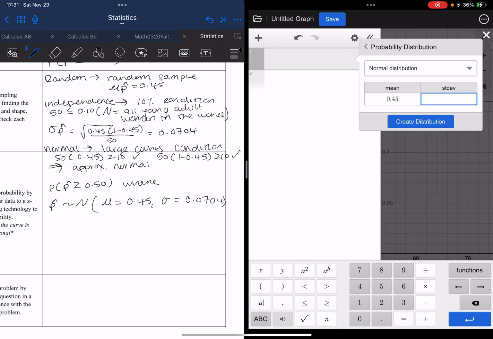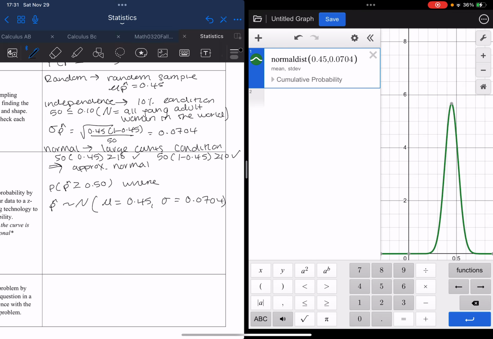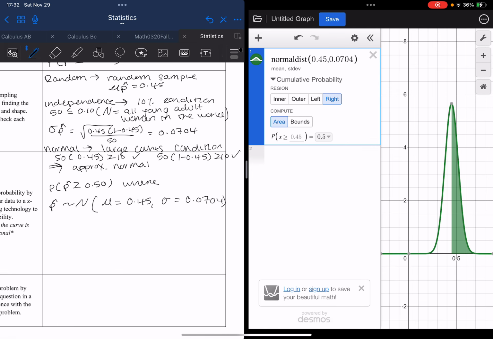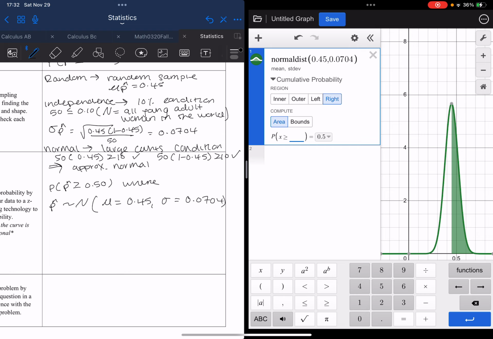Type in our standard deviation of 0.0704. Hit create distribution. Click on the drop down, and we're finding greater than or equal to, so that's the right region. And I'm going to type in 0.5. And that is going to give me my answer here of 0.239.